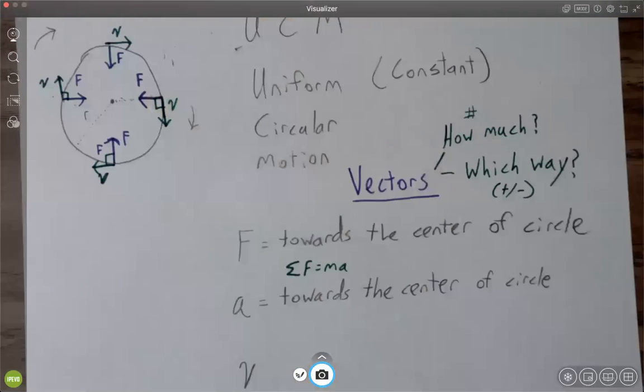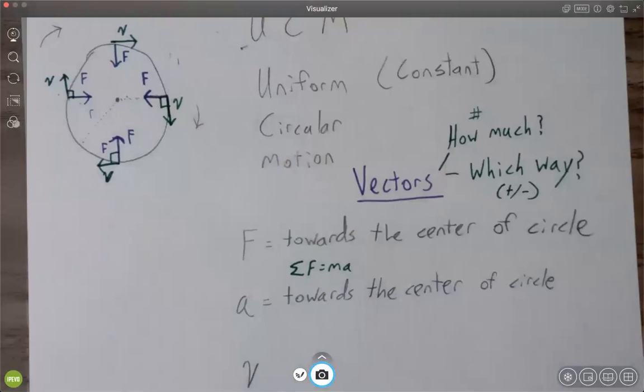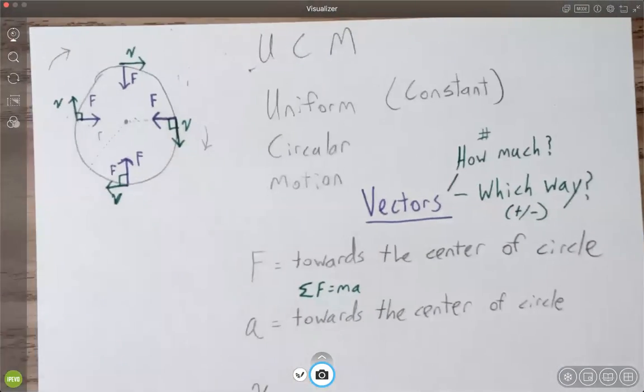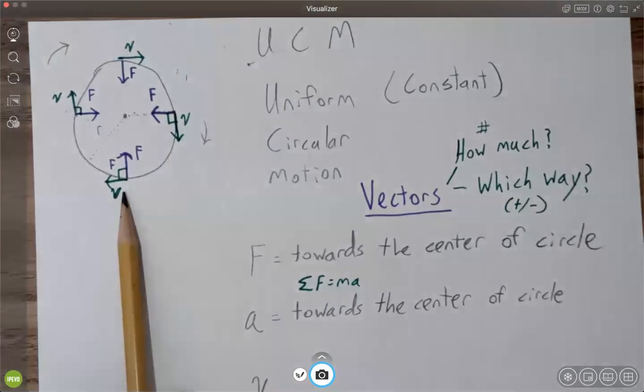So this velocity, which forms this 90-degree angle with respect to the force, is now in a different direction than the force itself.